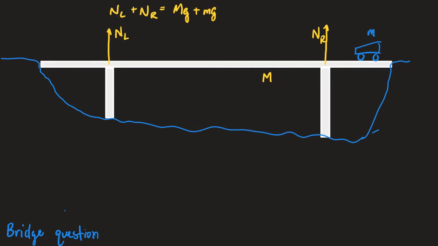But as the car drives across the bridge, the weight of the system doesn't change. But is it clear to some of you that when the car is all the way on the right, this pylon probably supports more of its weight? And when it's all the way on the left, this pylon probably supports more of its weight?